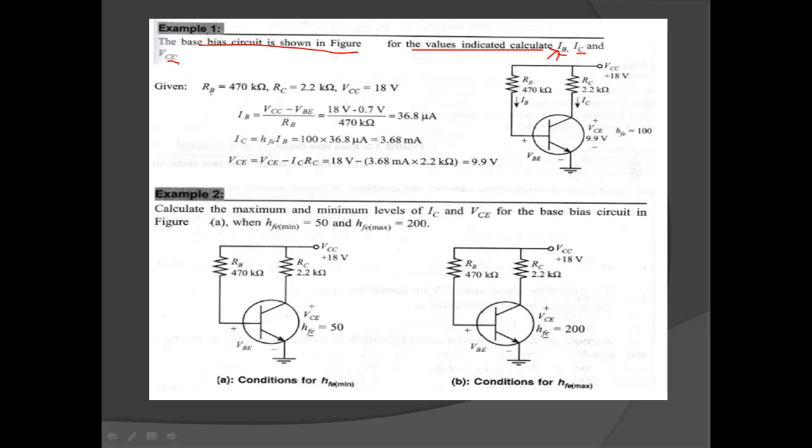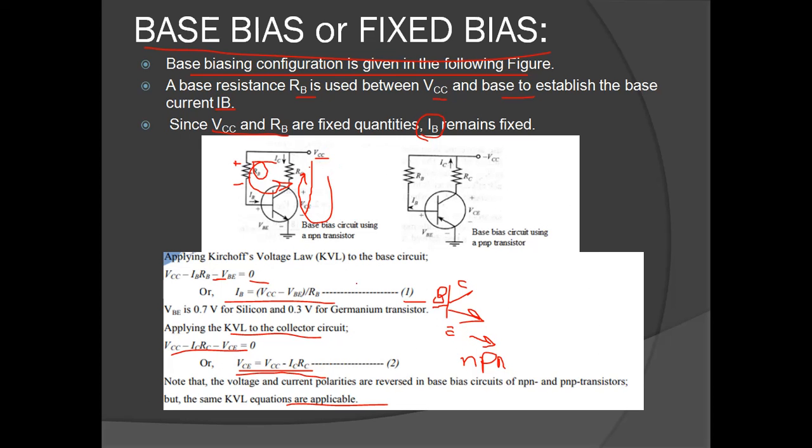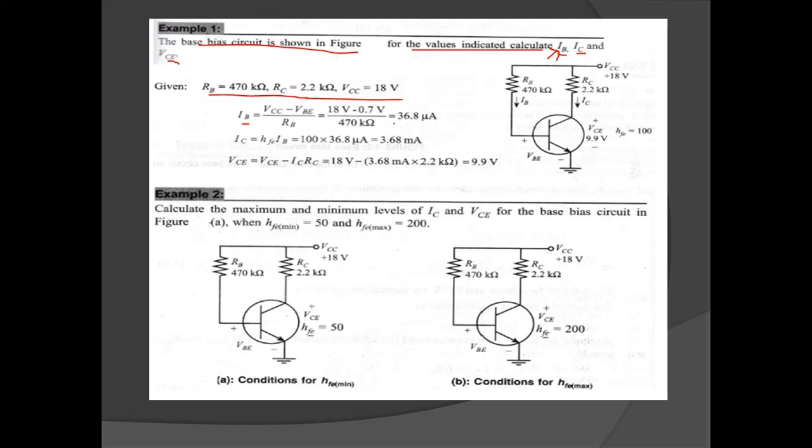You have these values given, that is RB, RC and VCC. IB is the equation we have already done, VCC minus VBE divided by RB. When you substitute the values, you get the input current as 36.8 microampere.